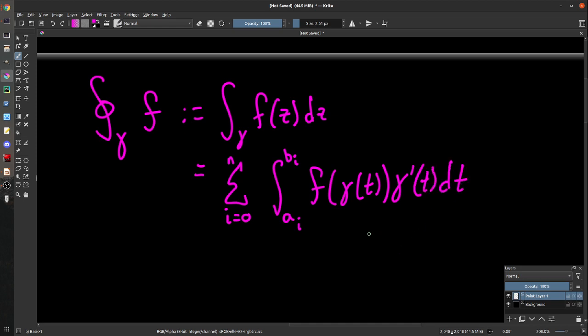This is like if we're doing it in little chunks, and you could also replace these b_i's by a_(i+1)'s, since where one interval ends, the next begins.